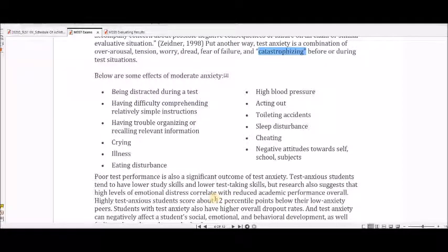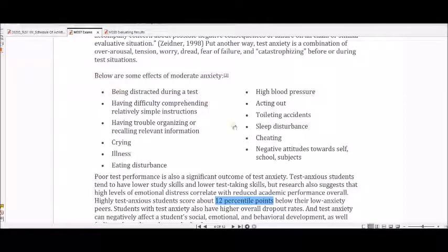Highly anxious students taking tests show, on average, as much as 12 percentile points lower than students with low anxiety. Just anxiety, not knowledge of subject material, not ability, but anxiety. It reduces people down by 12%.